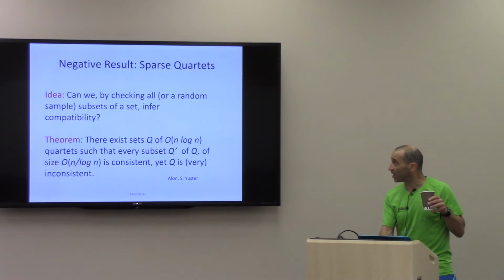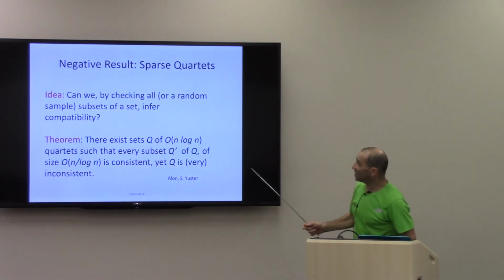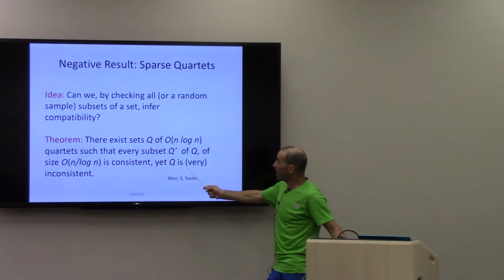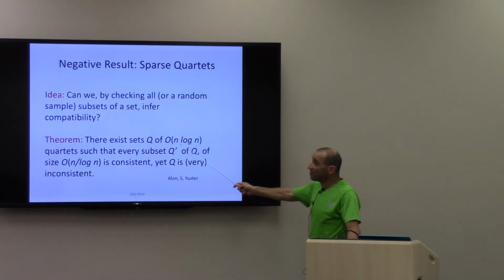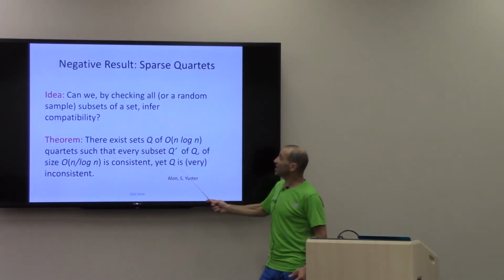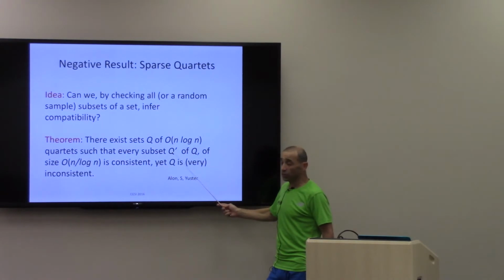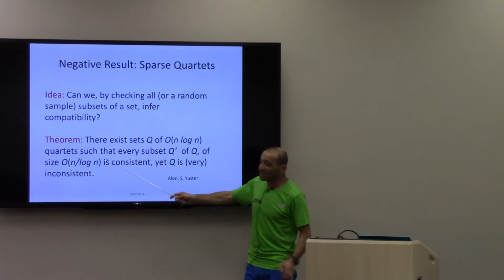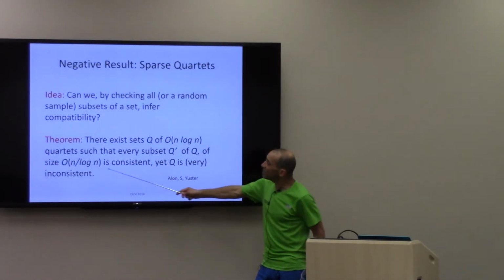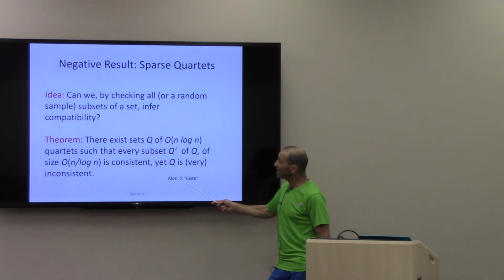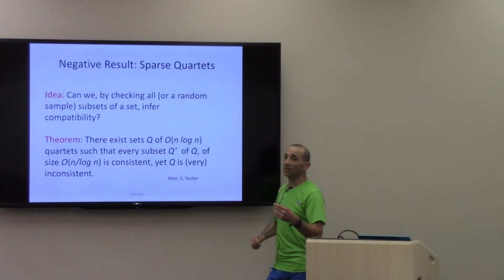And this is the result. There exist sets Q of not very sparse n log n quartets. These are the size of the sets, such that every subset Q prime of Q, every subset of it, okay, of size a little bit smaller, n over log n, is consistent, yet Q is very inconsistent.